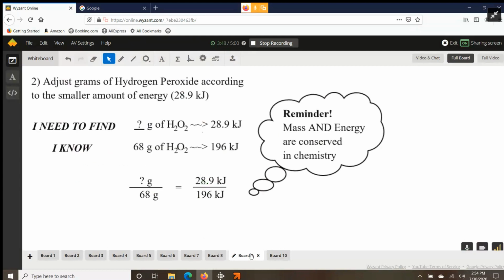Step 2, we now have to adjust our hydrogen peroxide for the smaller amount of energy. So quick reminder, this is an example of conservation of mass and energy. So if you have a certain amount of hydrogen peroxide producing a certain amount of energy, if you have a smaller amount of energy, that means you had to have a smaller amount of hydrogen peroxide.